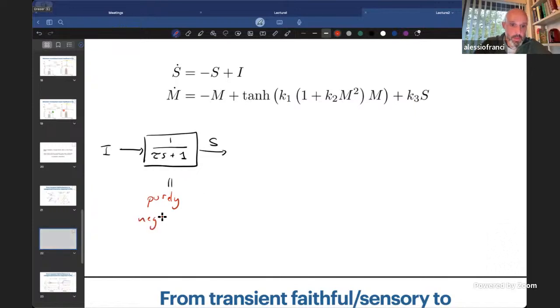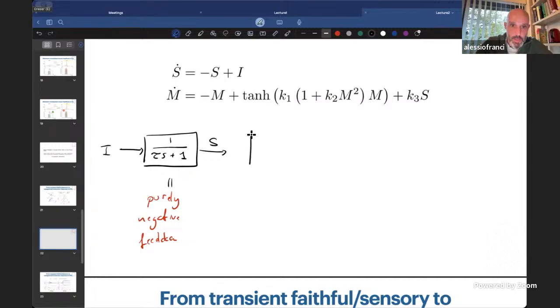Purely negative feedback. And the sensory response is fed into a dynamics that has the following form.